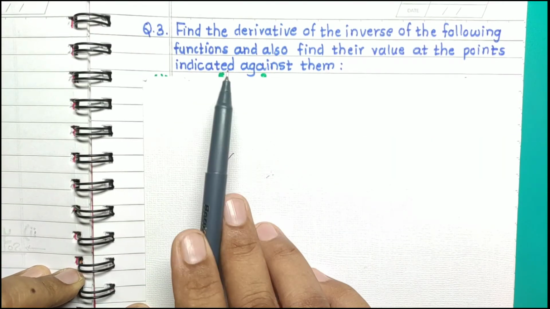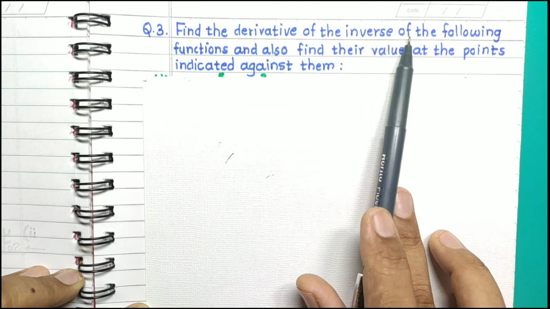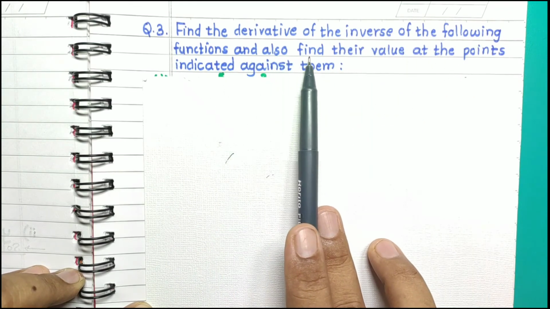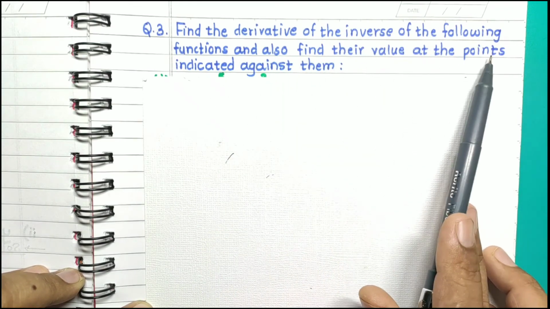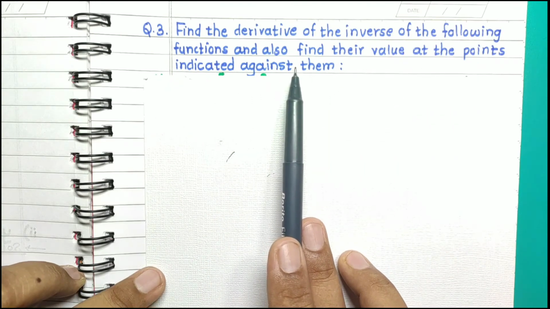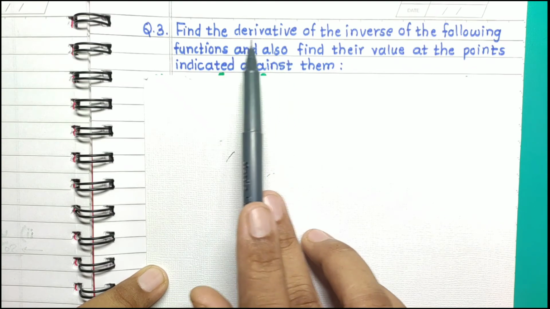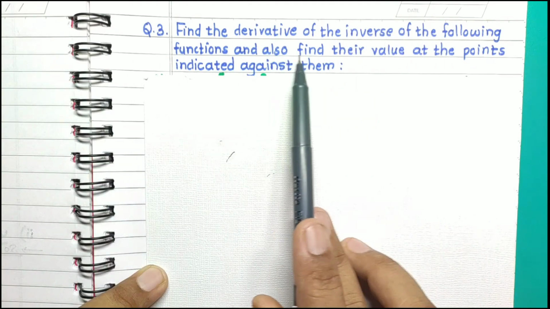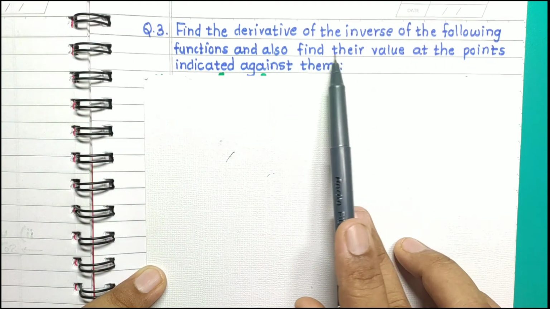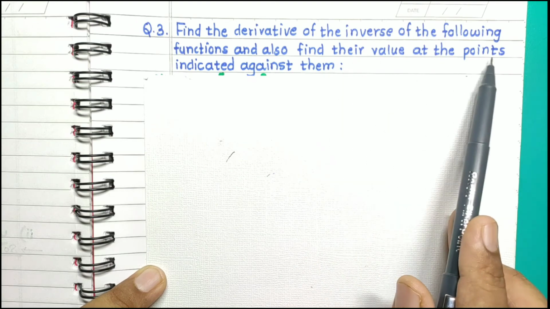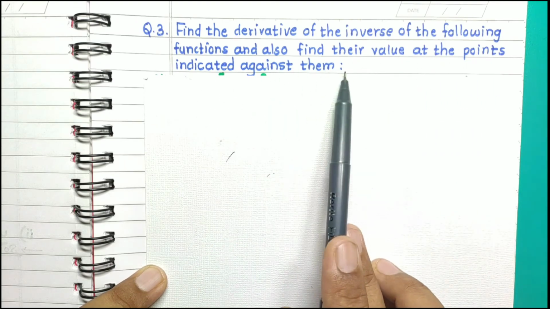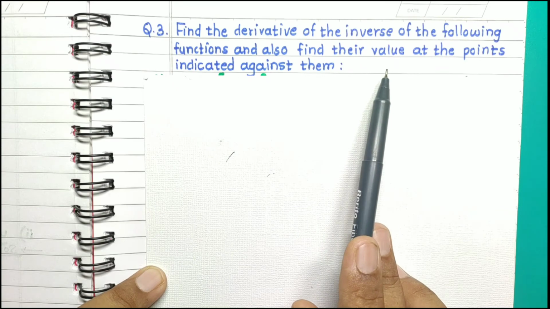Students, then the next question is: find the derivative of the inverse of the following functions and also find their value at the points indicated against them. So the question is the same as the previous question, but the extra thing is that we have to find the value at the points indicated against the given functions.